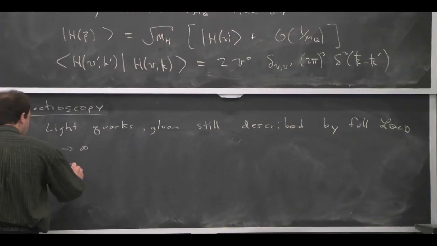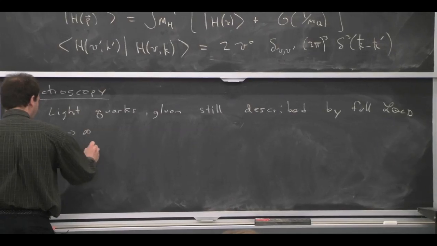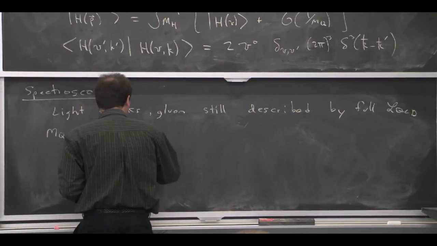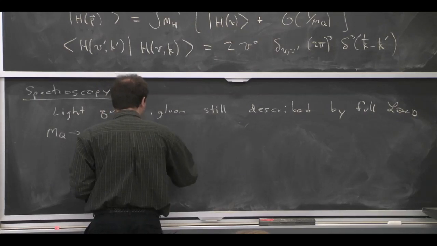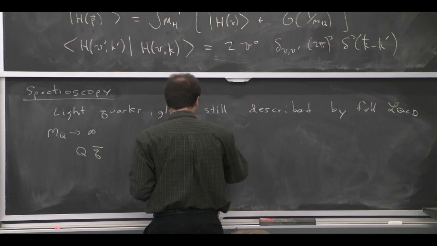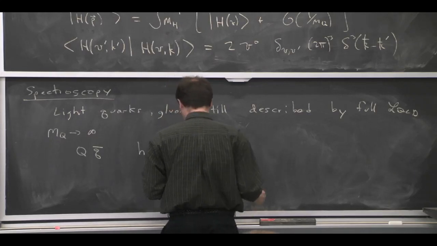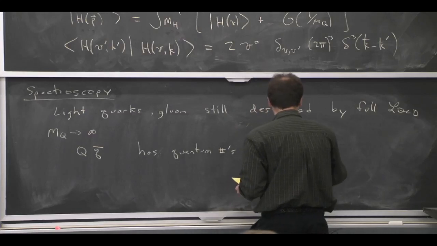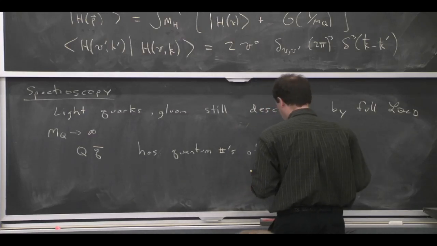So if you think about a Q and a light quark, which is a meson, it has the quantum numbers of the heavy quark. And remember that the number of heavy quarks is conserved in this limit. And then it has the quantum numbers of the rest of the stuff, which could be an anti-quark.